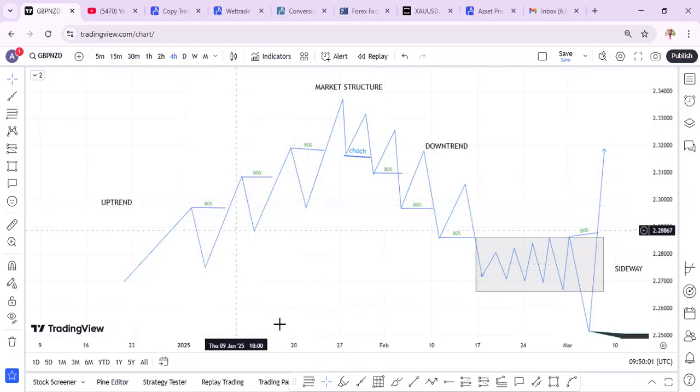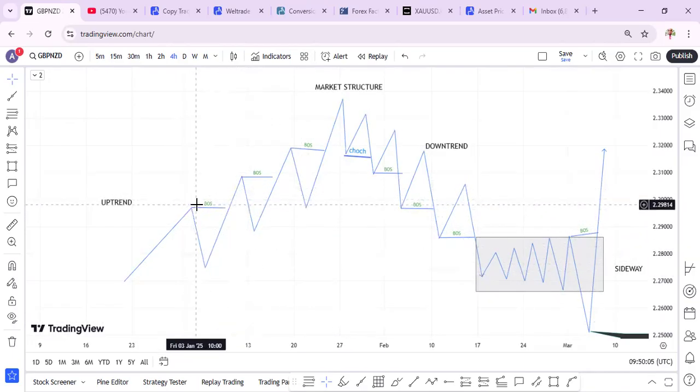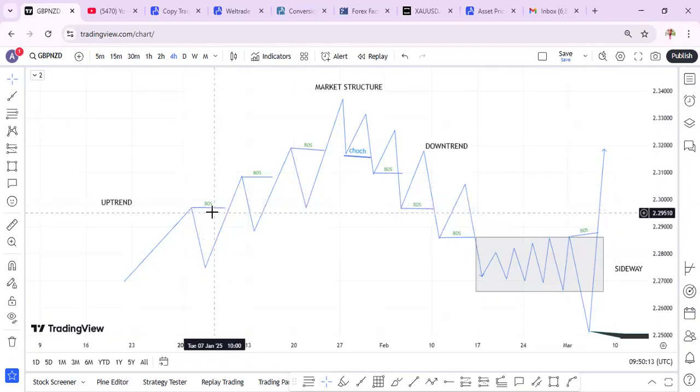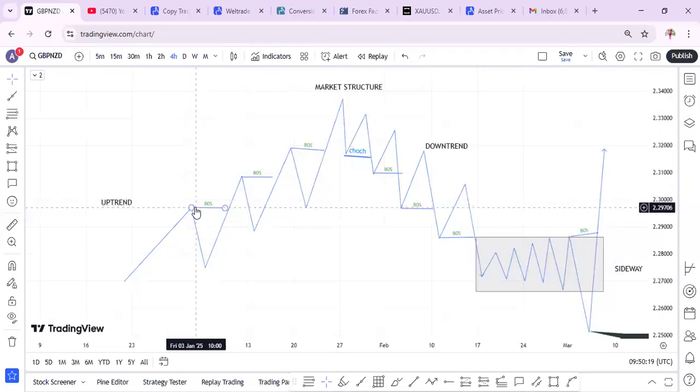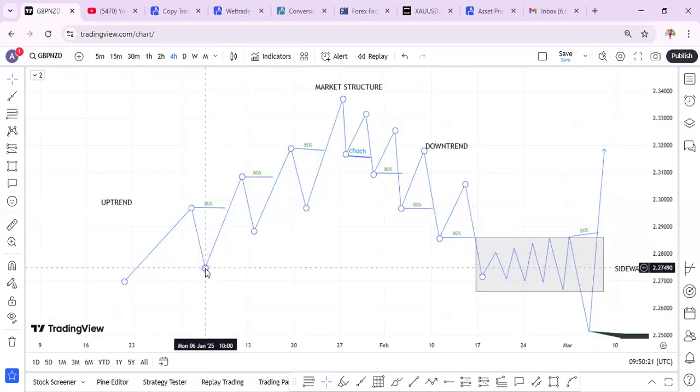On the higher time frame, you can see when price takes out the first high, it means it has broken structure. Structure means it has taken out the previous high. So this high now becomes a valid high, and this low becomes a valid low.